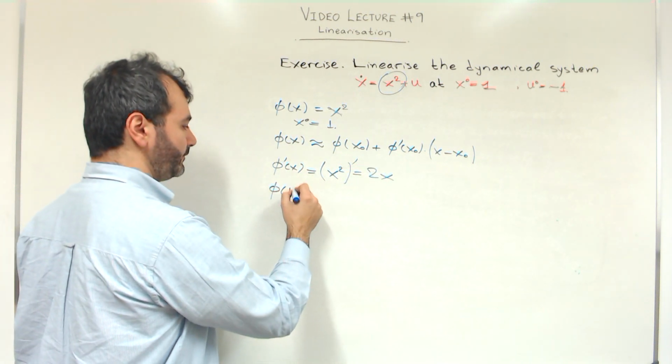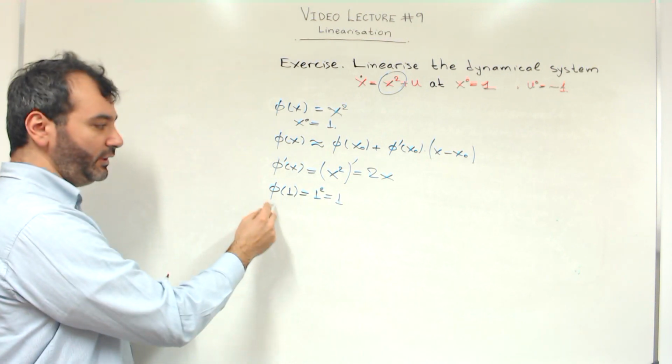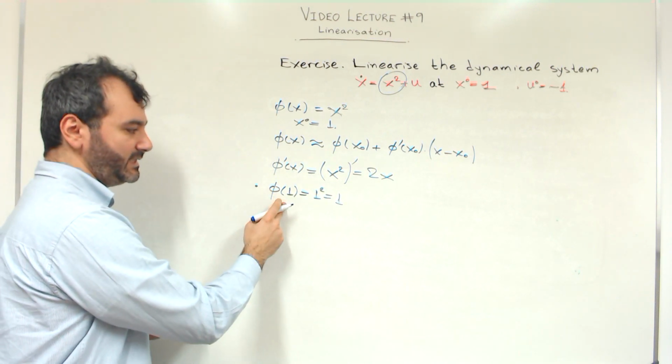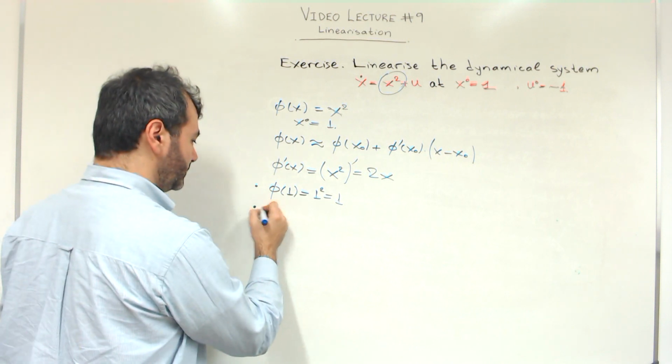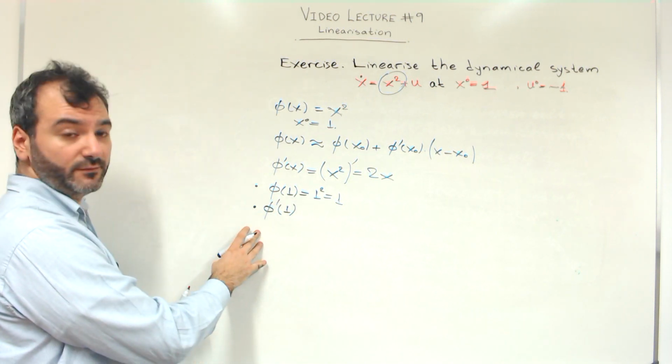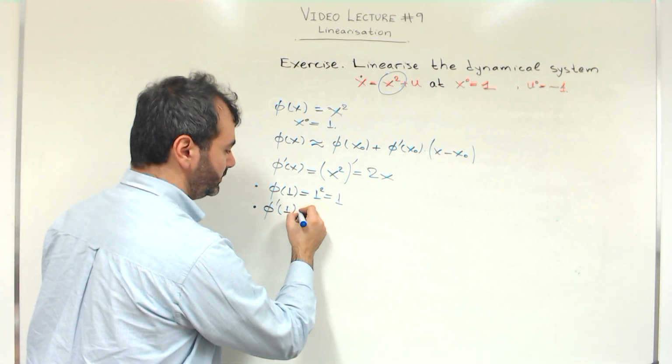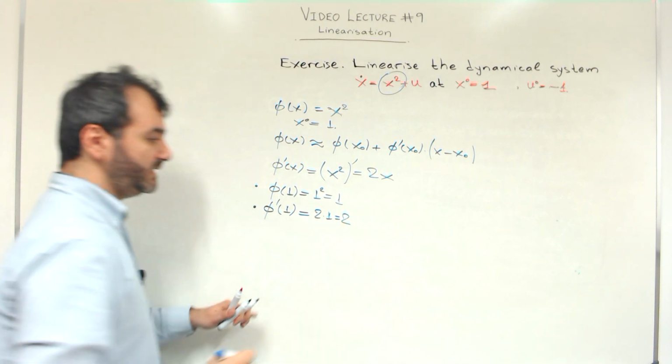Therefore, the value of the function at x0 is equal to 1. The derivative of the function at x0 is equal to 2.